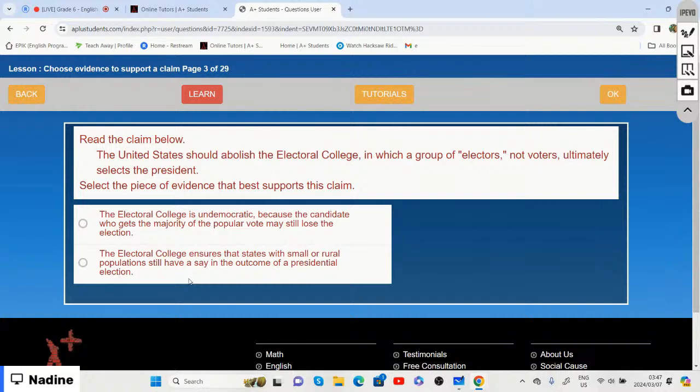Is it the first one that says the Electoral College is undemocratic because the candidates who get the majority of the popular vote may still lose the election, or the Electoral College ensures that states with small or rural populations still have a say in the outcome of the presidential election?